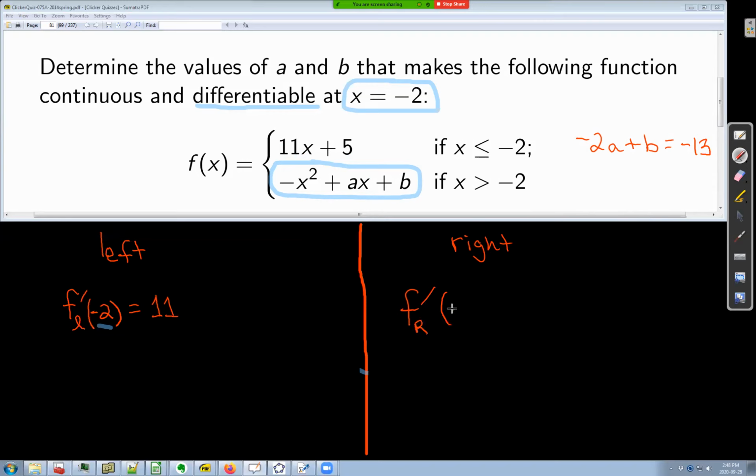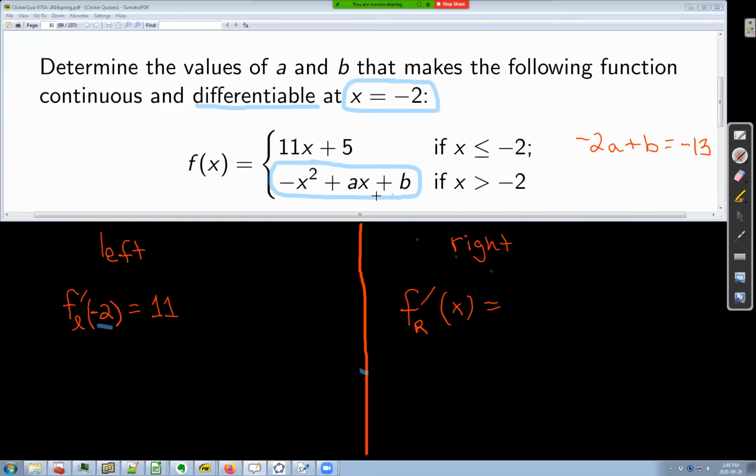I'm going to go ahead and put the x there again. You say, wait, wasn't that a mistake? Well, yeah, but I think it makes it more clear. So we'll do it for x, and then we'll put in -2.